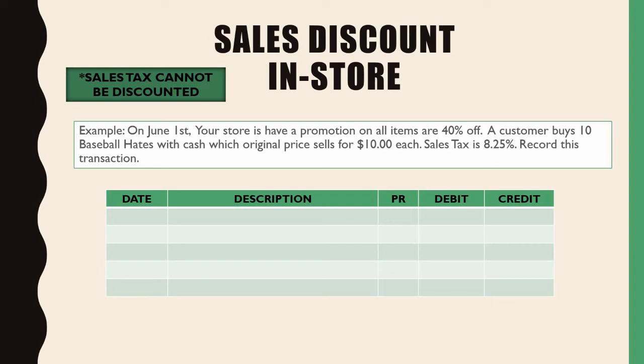Are we going to be receiving cash for the full amount or for a discounted amount? The discounted amount. Okay, perfect. Good. So we'll be receiving $60 for the hats plus the sales tax, which is $4.95. So we'll be receiving $64.95.